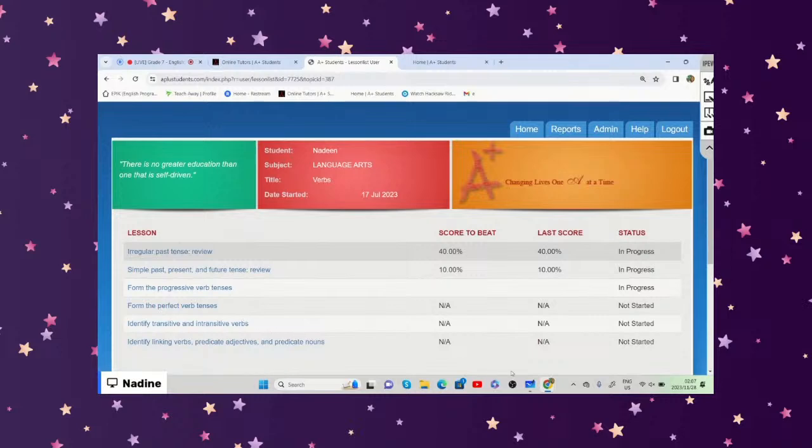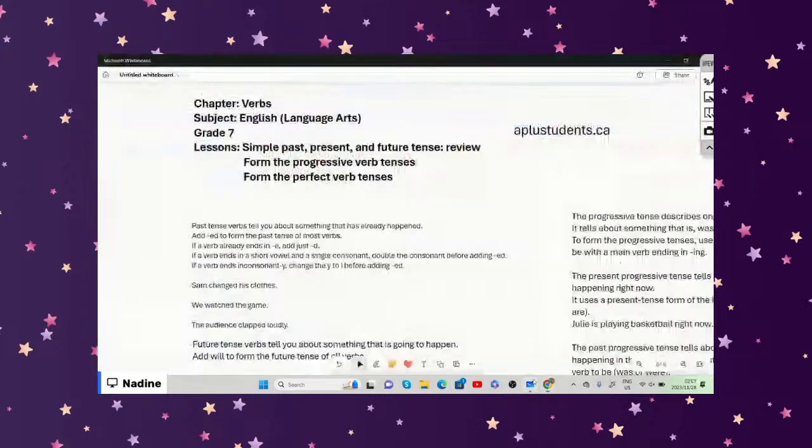So in today's lesson, the chapter we will be focusing on is verbs. Our subject is English, which is language arts, grade 7. The lessons we are going to focus on today under the chapter of verbs are the simple past, present, and future tense review.